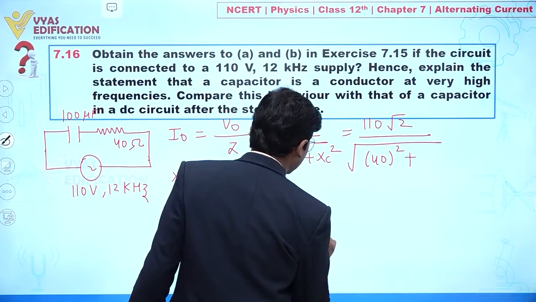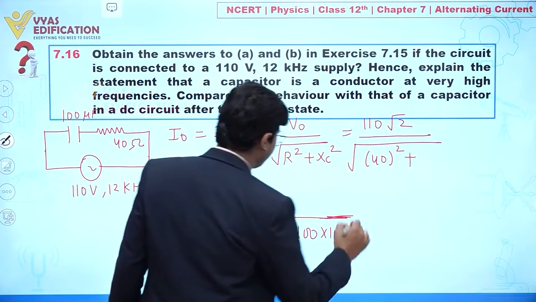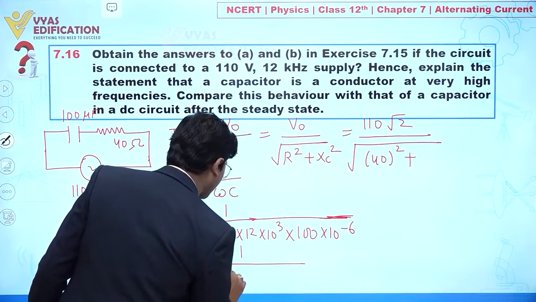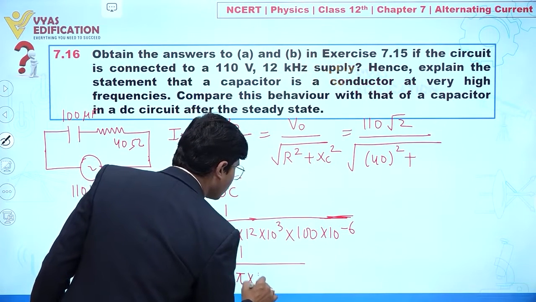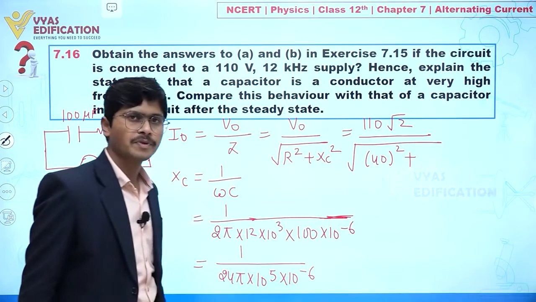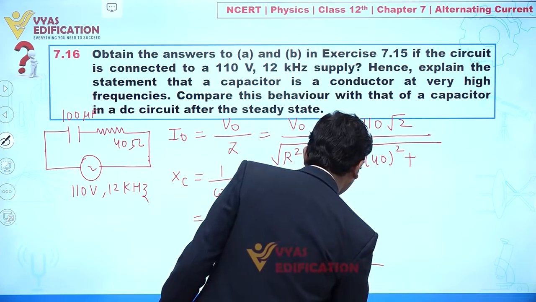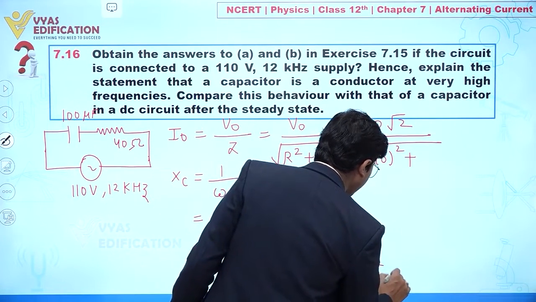I can say 100 into 10 to the power minus 6. Clear? So from here this is equal to 1 upon 24 pi into 10 to the power 5 multiplied by 10 to the power minus 6. Yes or no? So from here this is given by 1 upon 24 pi multiplied by 10 to the power minus 1.